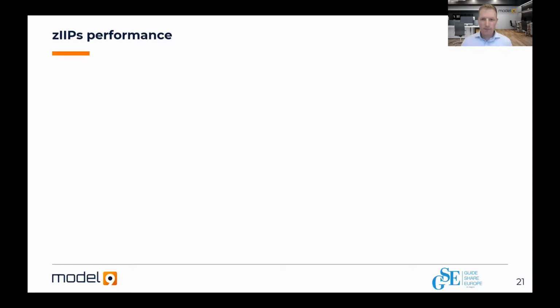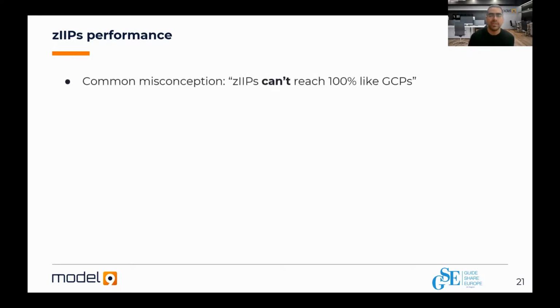Yes. Great, thank you. So I'm going to talk a little bit about zIIP performance and what you can do in order to get the most out of your zIIP engines. There is a misconception out there that zIIPs can't reach 100%. Well, I would start by saying that they can, but simply not for all applications.